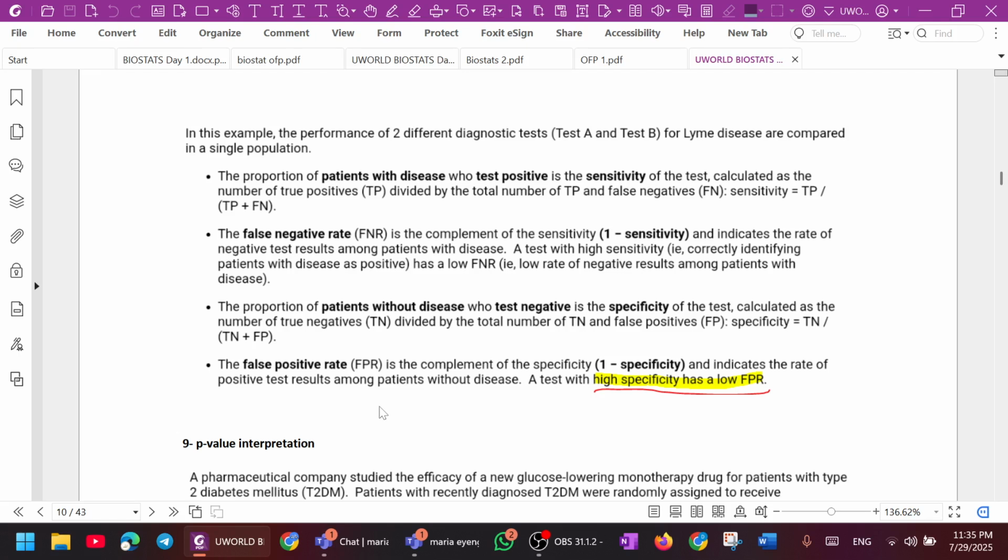So test B has high specificity. Does it make sense? So it's able to find the true negatives. True negatives. That's test A and that's test B.